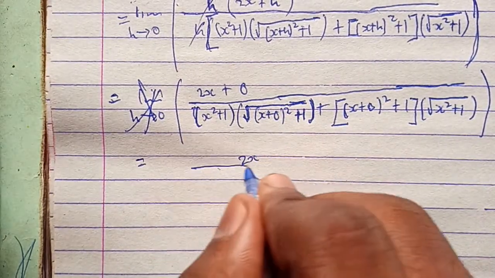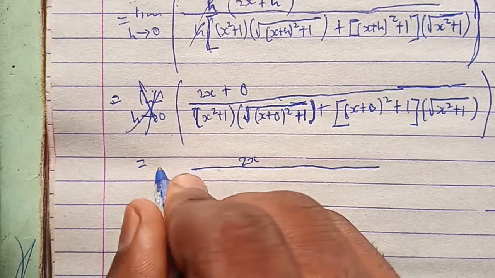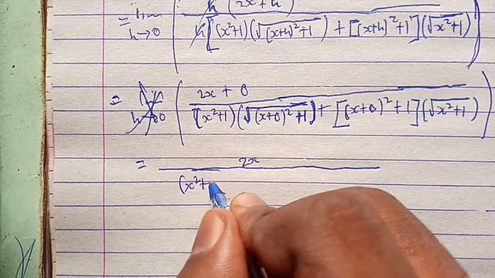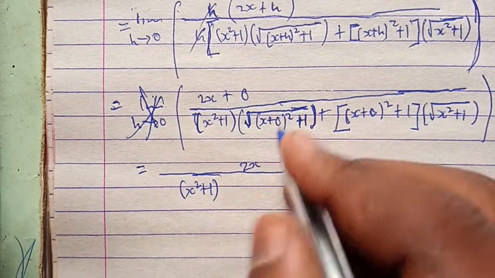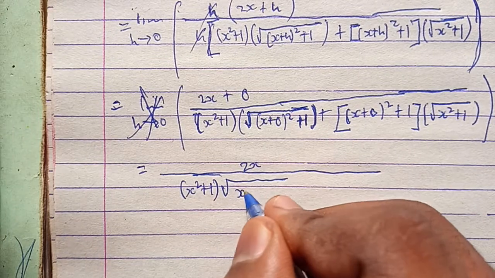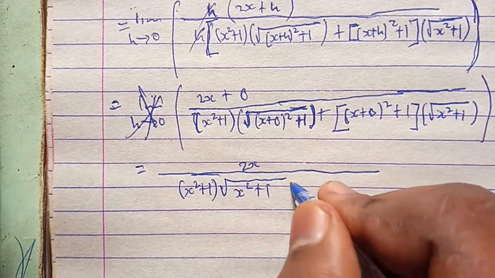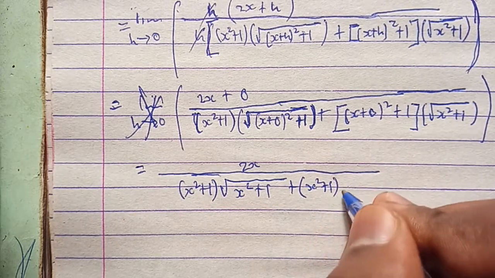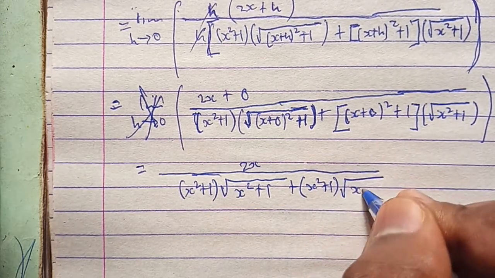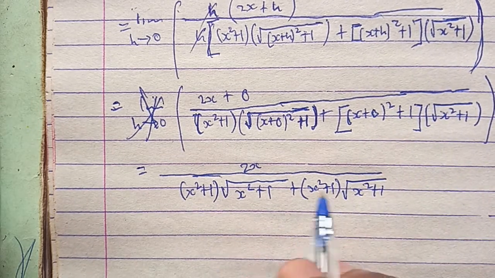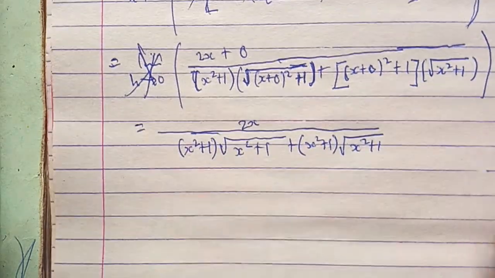2x all over, this will be x squared plus 1 multiplying by square root of x squared plus 1, then plus another one, x squared plus 1 multiplying by square root of x squared plus 1. So guys, noticing that these ones are the same, we can add them.